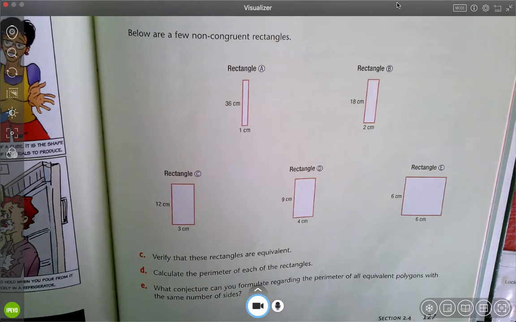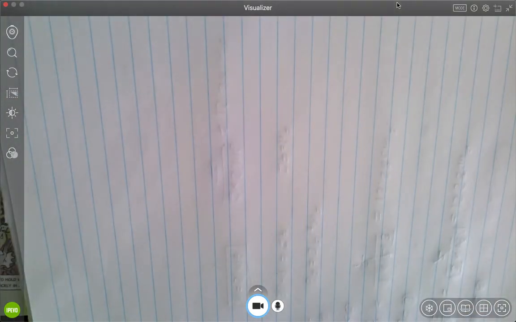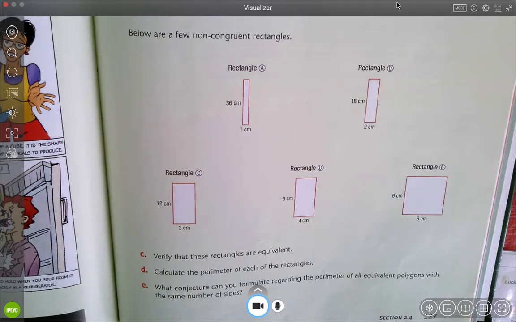So I want you to take a paper like this and divide it up like this. Let me just draw it out, into 5 different columns, and then split it up into shape, area, perimeter.